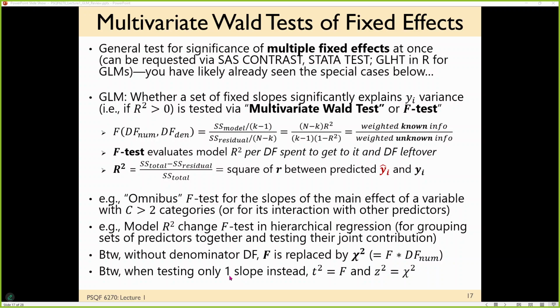And if you're only testing one slope, t squared for that one slope is F. And analogously, when we turn t into z by taking denominator degrees of freedom away, z squared is chi-square. So there's one slope or many slopes, and then are you using degrees of freedom or not? One slope is t or z. Multiple slopes is F or chi-square, respectively.